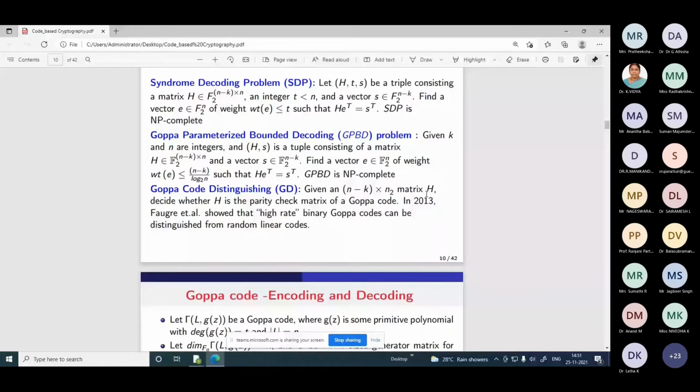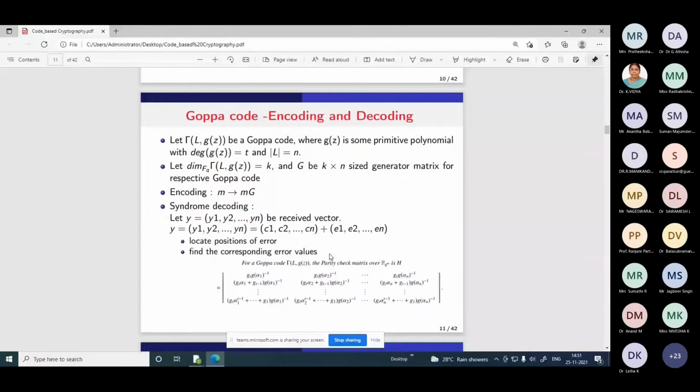It's hard, but Faugère et al. showed that high rate binary Goppa codes can be distinguished from random linear codes, only for high rate codes. So we have to choose proper parameters in order to avoid this Goppa code distinguishing problem, right? Okay, so let us see how encoding and decoding are done in Goppa code.